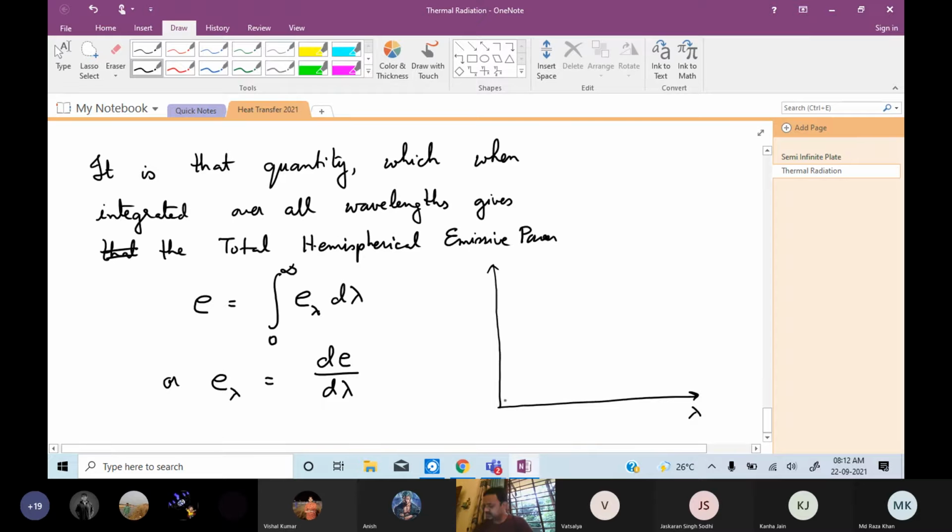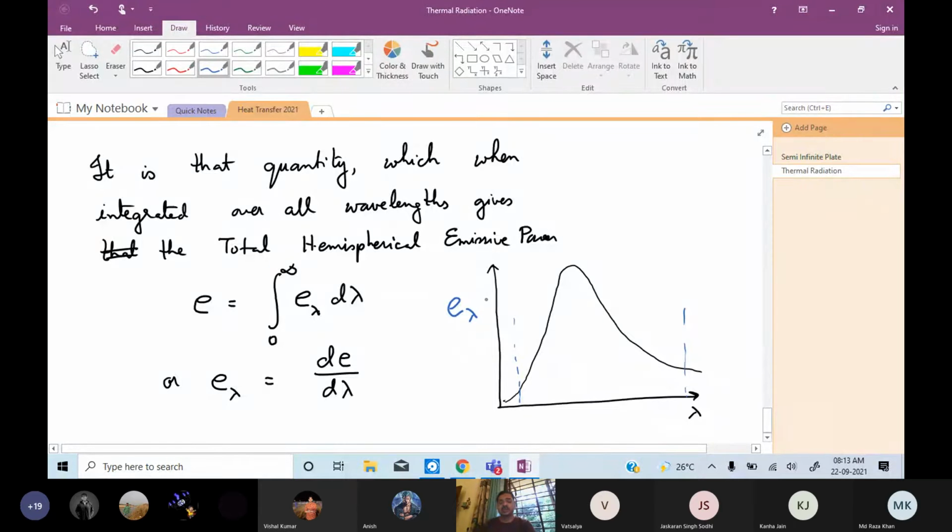And we said that most of the radiation happens between 0.1 and 10 micrometers. So now we will define this term as E lambda.